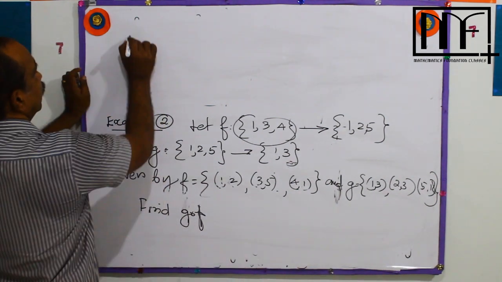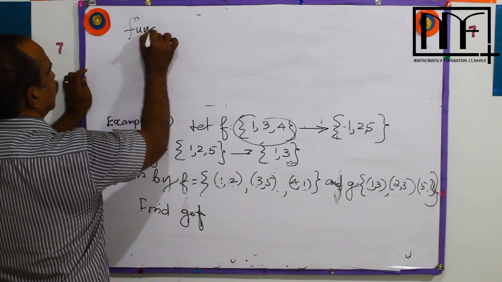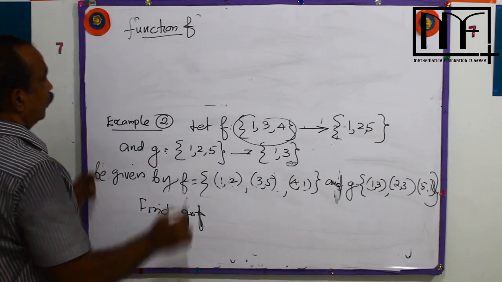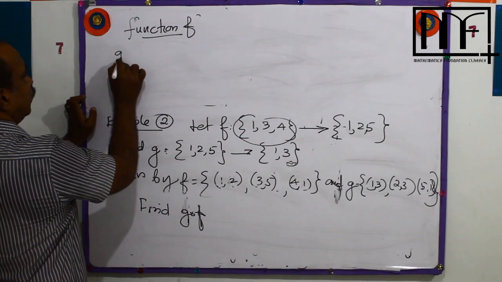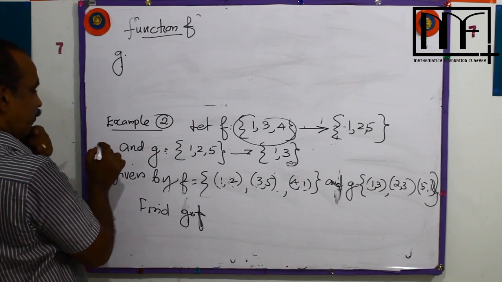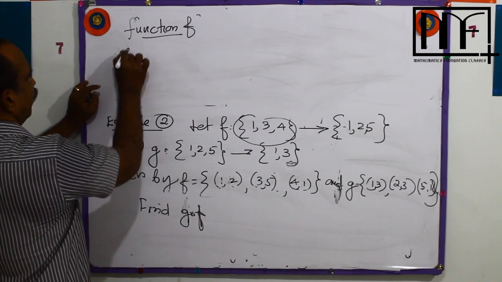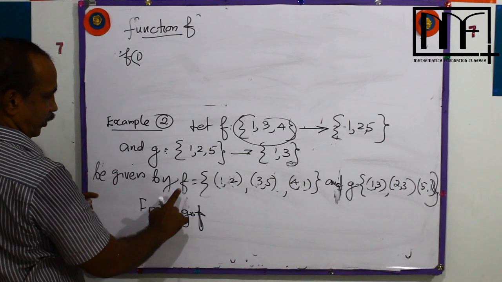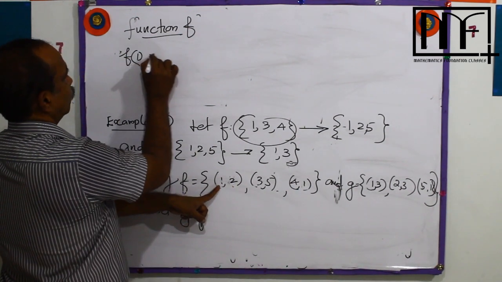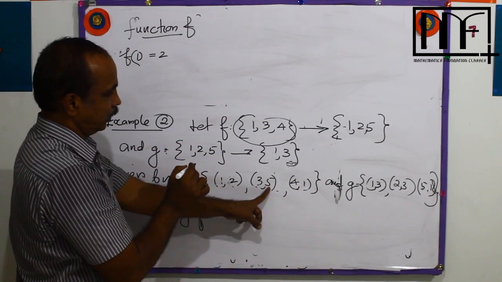Therefore, in the function f, what is f of 1? F of 1 is 2. F of 3, the image, is 5.